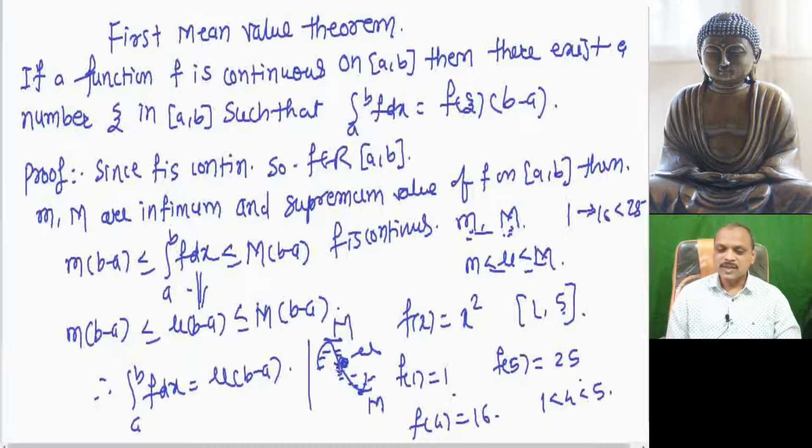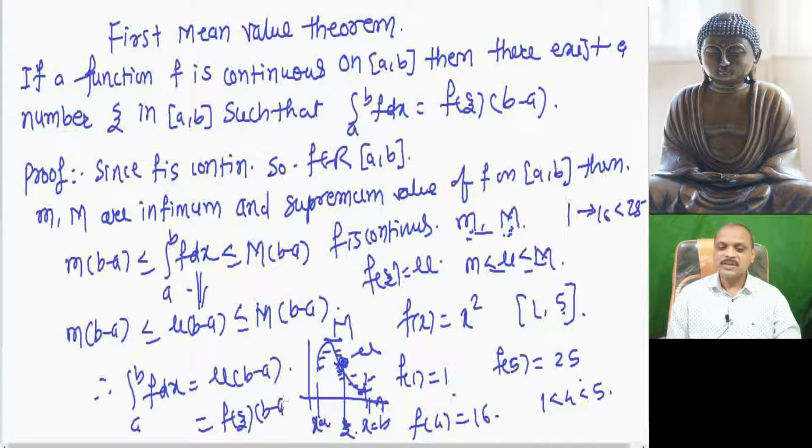So for a mu, there is a point between x equal to a and x equal to b, which we call xi, such that f of xi is equal to mu. So the integral from a to b of f dx is equal to f of xi times (b minus a).